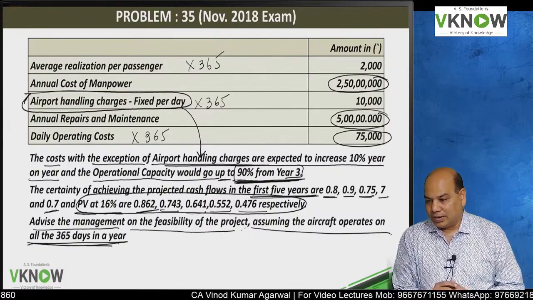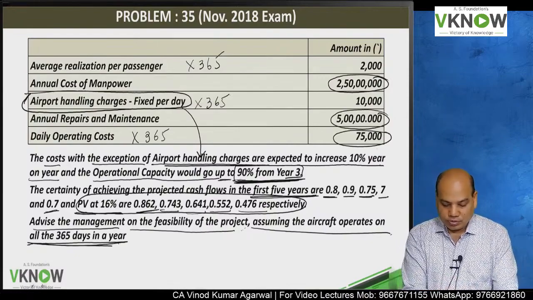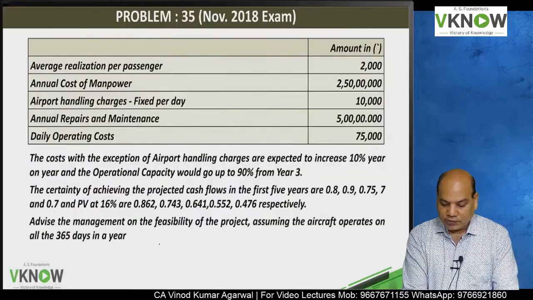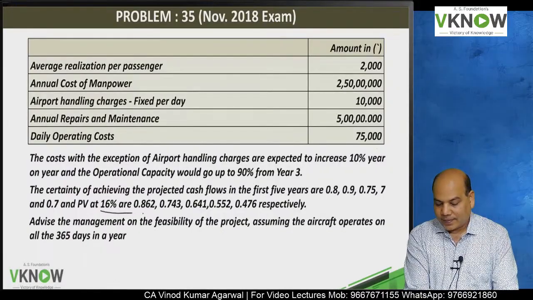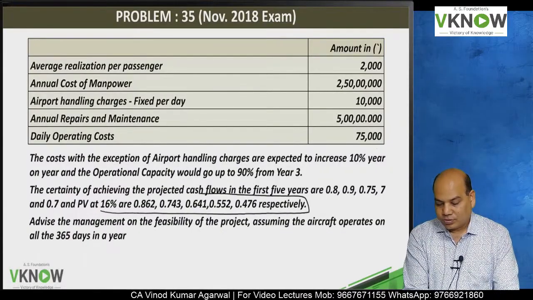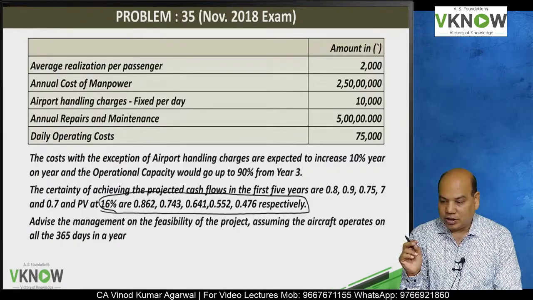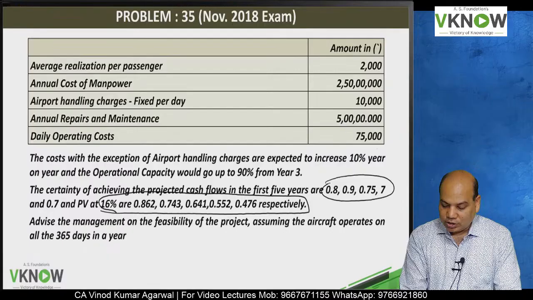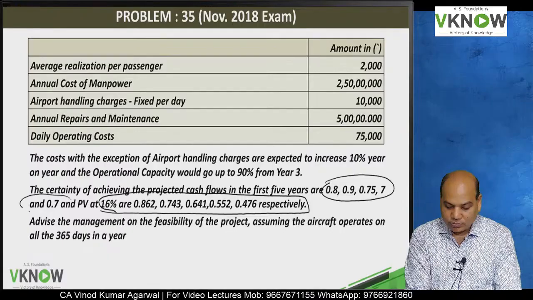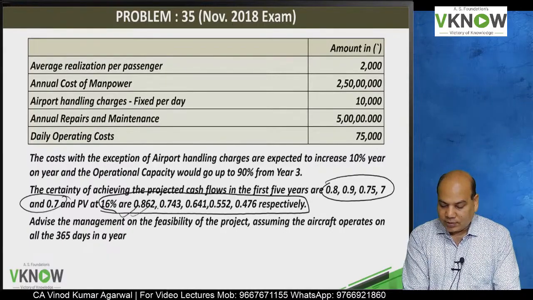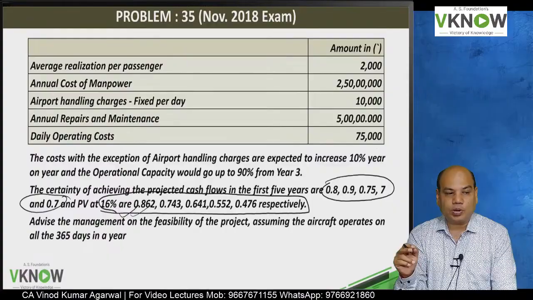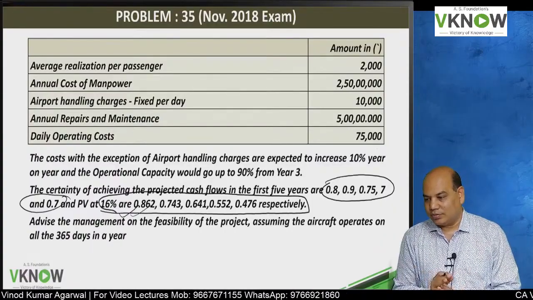Okay, now what should we do? This question has not given us risk-free rate, but they have given you certainty equivalent factor. So we are going to use the same factor in the problem for discounting purpose. Nothing can be done.